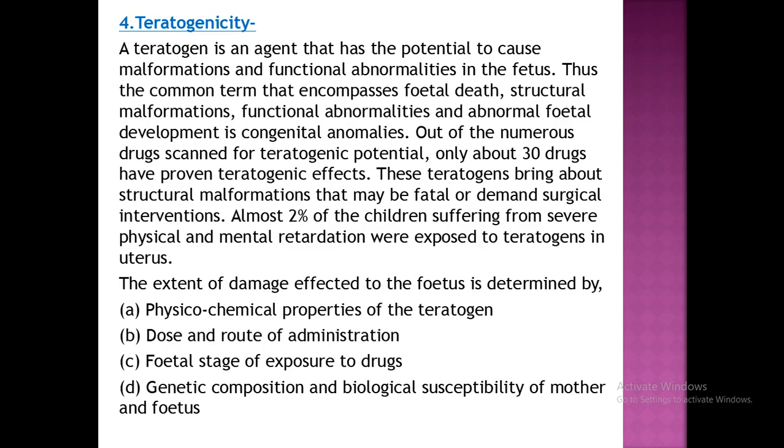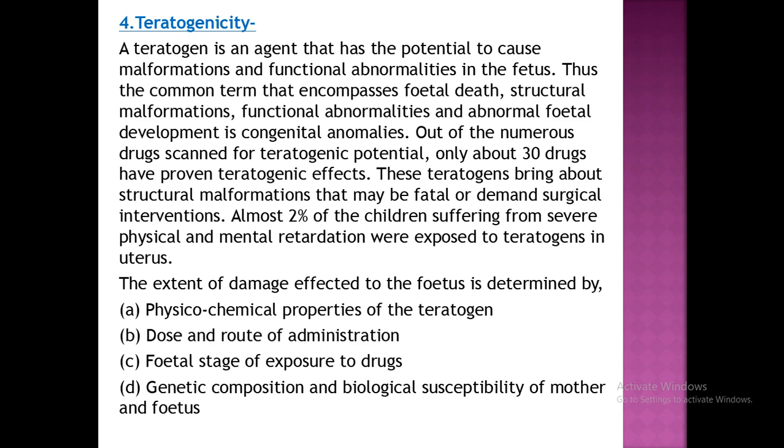Then the fourth type is teratogenicity. A teratogen is an agent that has the potential to cause malformations and functional abnormalities in the fetus. So, a teratogen is a drug or an agent which can cause malformations and functional abnormalities in the fetus.